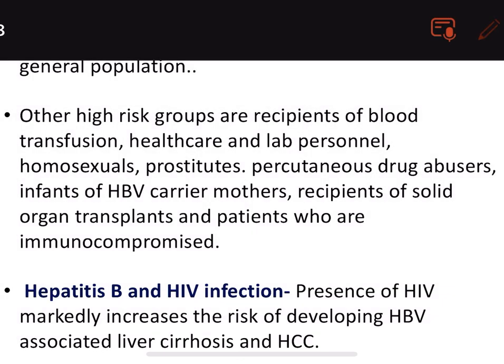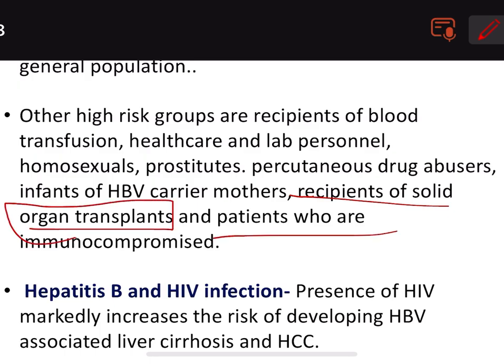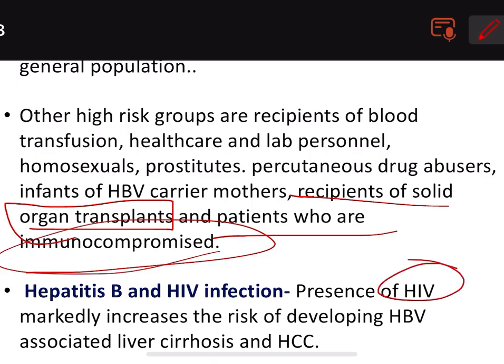HBV carrier mothers, recipients of solid organ transplants as well, and patients who are immunocompromised, like I told you, patients who are suffering with HIV. Hepatitis B and HIV have a very close correlation.